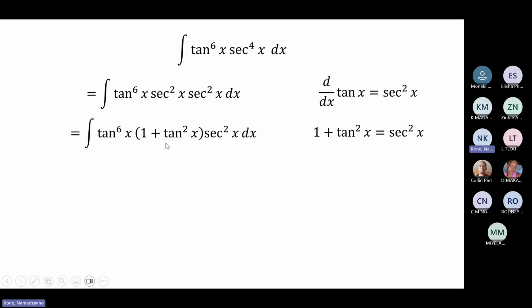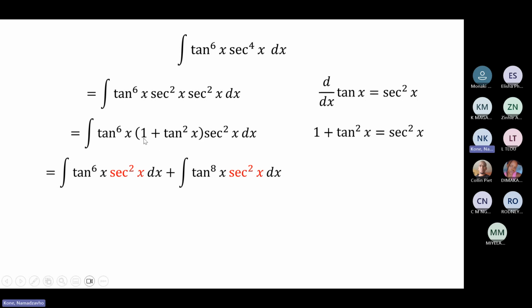Then we get that. Now from there, this derivative of tan x will multiply this one together with this tan to the power of 6x, and we will have one integral. Then this derivative of tan x will multiply this one together with that tan to the power of 6x, and we'll get another integral. That is why we see now two integrals.